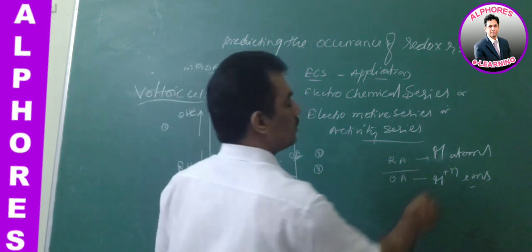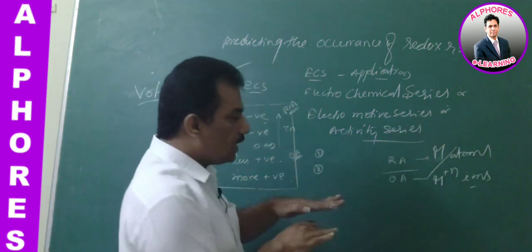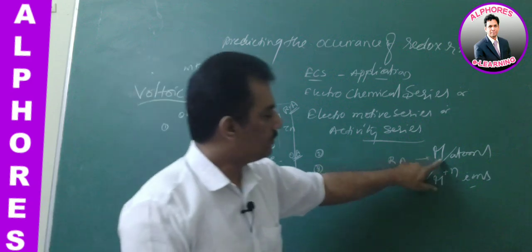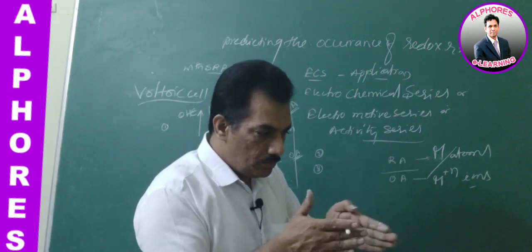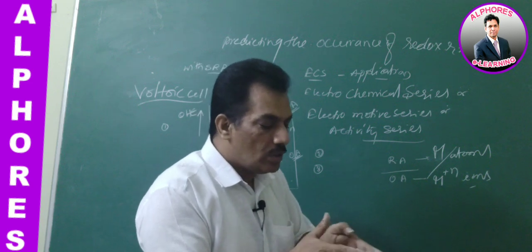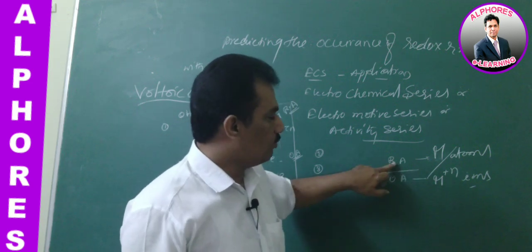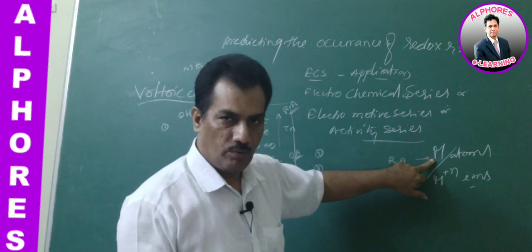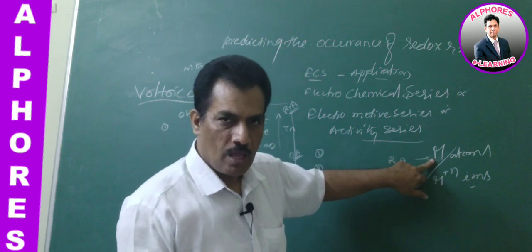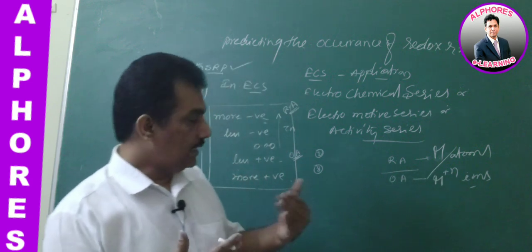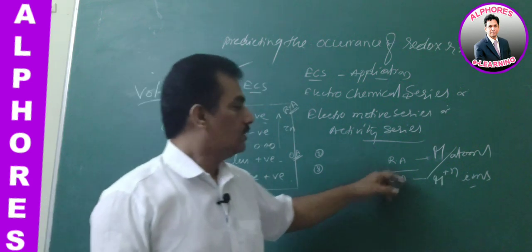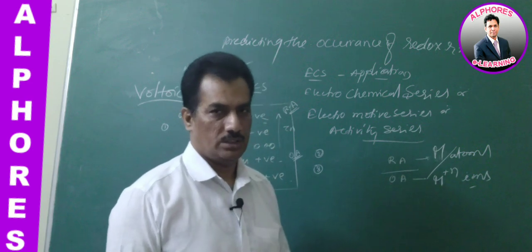Actually, in any electrode, these two are in contact with each other: one from the metal rod and one from the electrolyte. When the net result of that pair tends toward reduction, it is in active form and releases electrons. When the other form is active, it attracts electrons, and thereby the set behaves as an oxidizing agent.